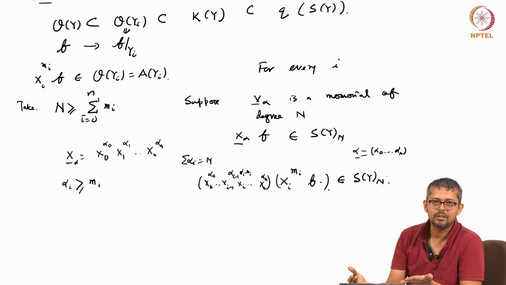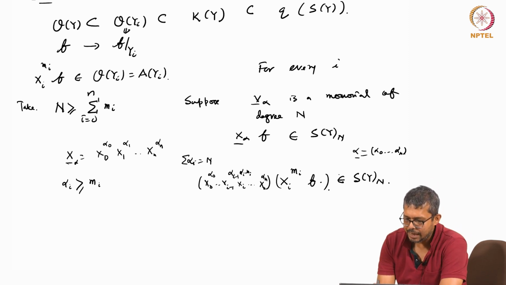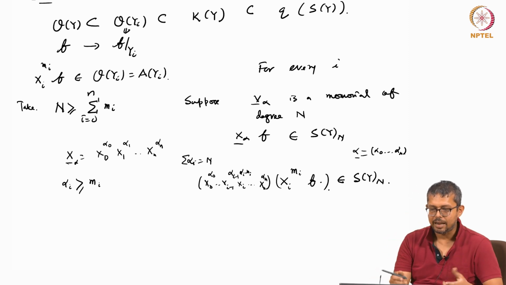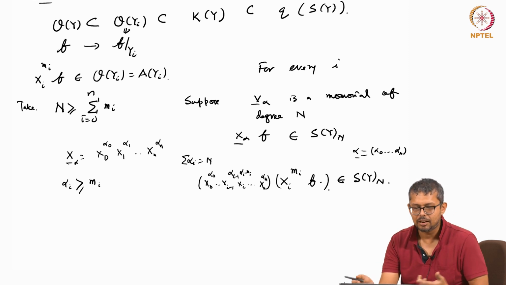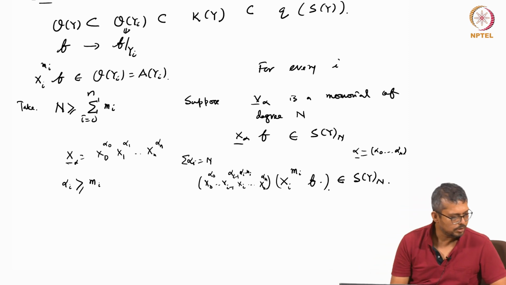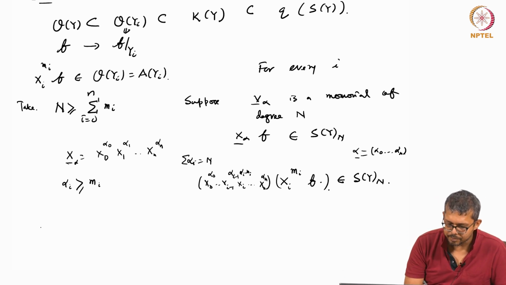That is the point. f has some denominator, so by multiplying by mi you are killing that denominator, and the remaining parts are polynomial. So that is not a problem. For any monomial of degree n, with n greater than or equal to the summation of mi, you can do this.